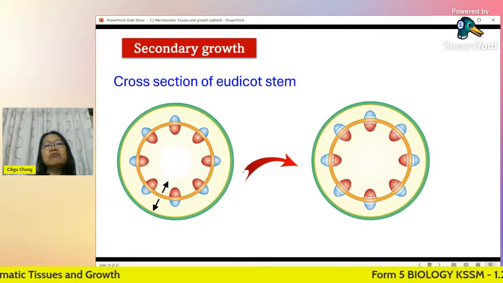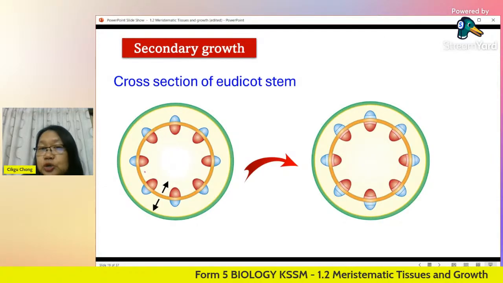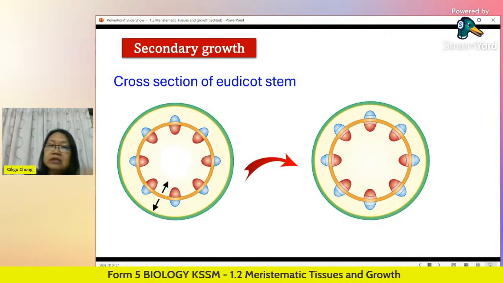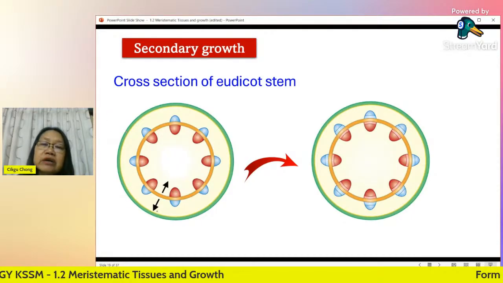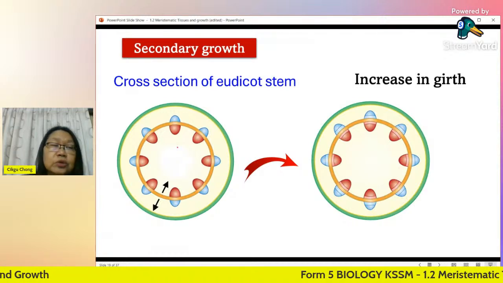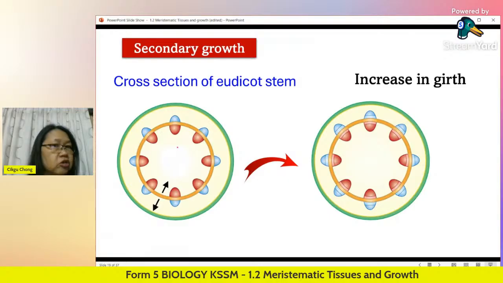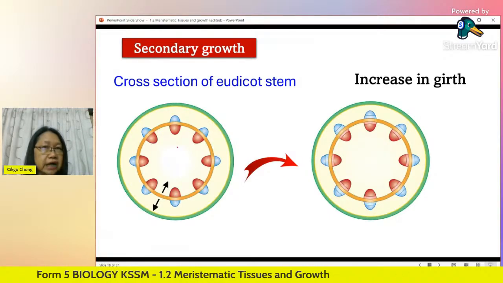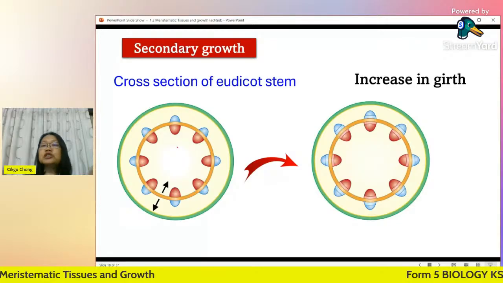You can see the red one. You get this pink color, which is a lighter color. That is the new xylem. And on the other side, facing the outer side, you will find this light blue area, here. That is the new phloem. So secondary growth actually forms new xylem and new phloem. And as a result, you see that it is being pushed upwards.